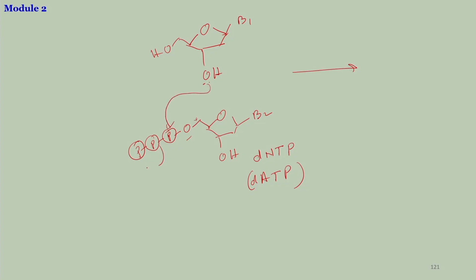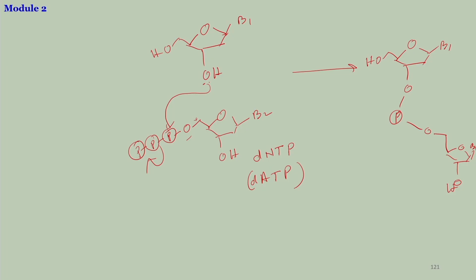It reacts with the phosphate, eliminates the diphosphate, and that will give you the nucleic acid, B2, B1, OH. That is how you get it in biological cells.